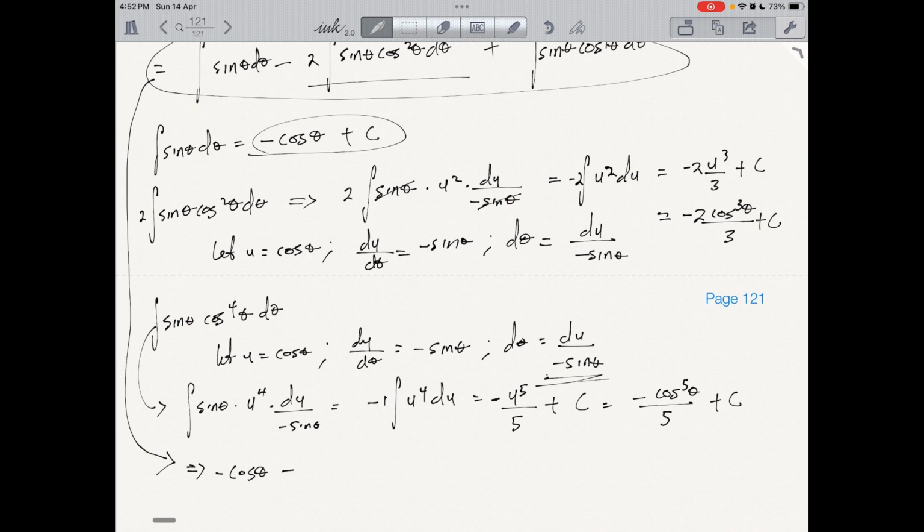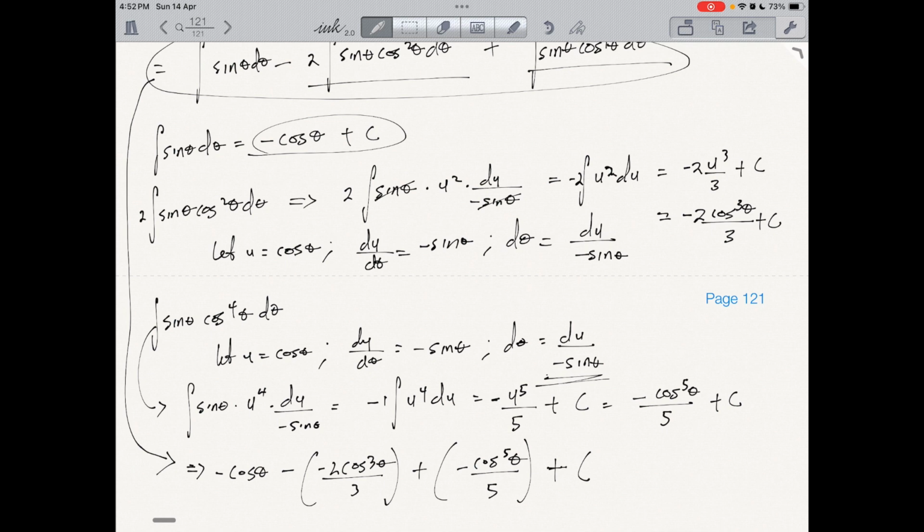Integrating 2 sine theta cos square theta will give us minus 2 cos cubed theta over 3, and integrating sine theta cos raised to power 4 theta, we will have minus cos raised to power 5 theta divided by 5, and overall we have a single constant of integration, plus c.